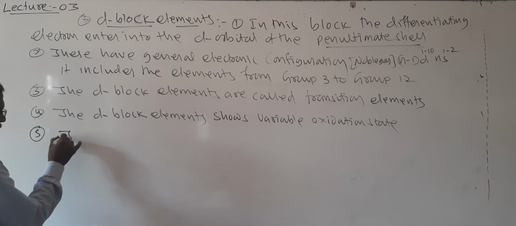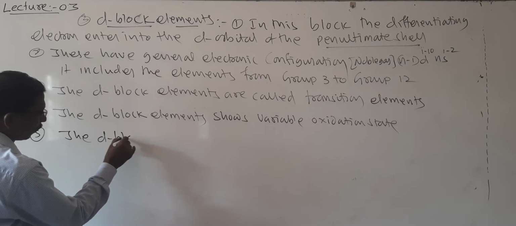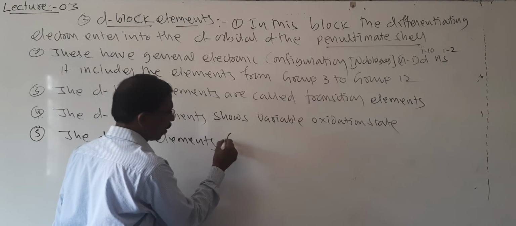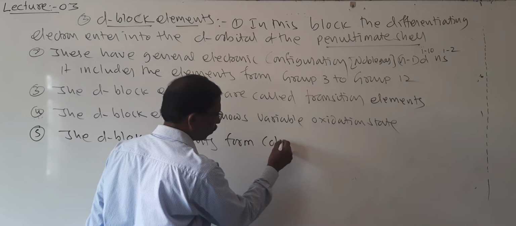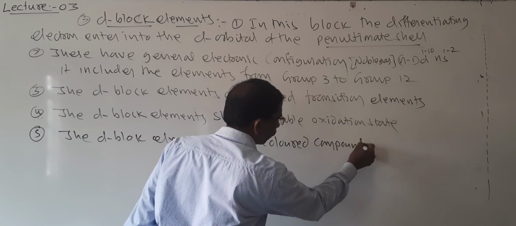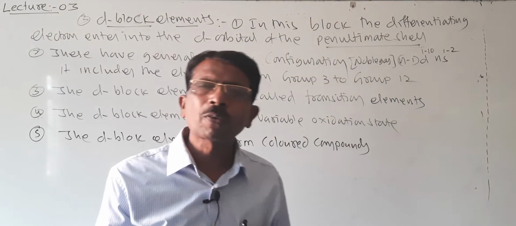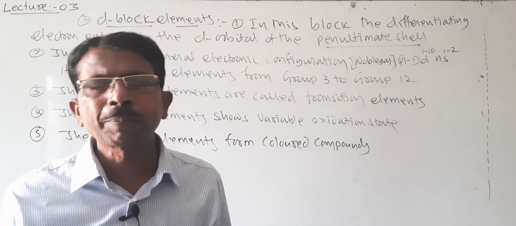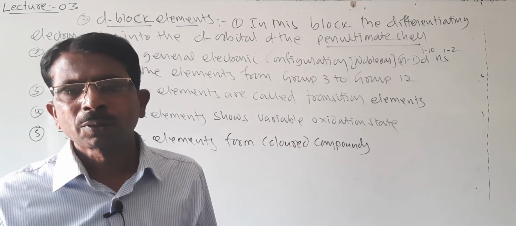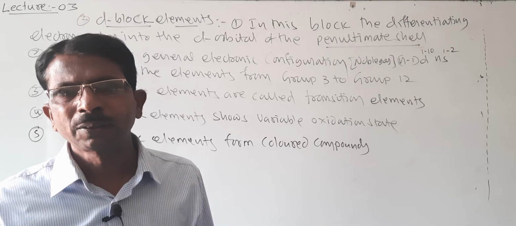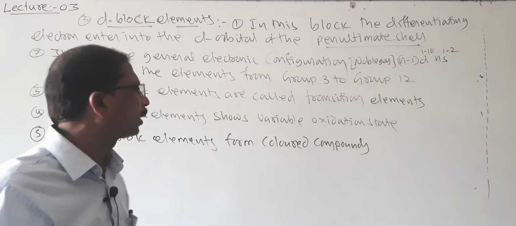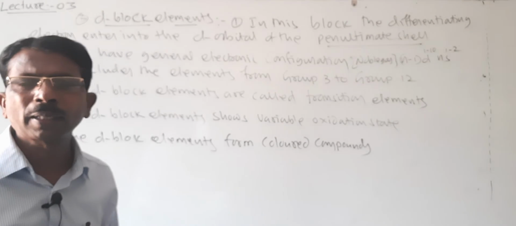Fifth one, the D block elements form colored compounds. For example, cuprammonium sulfate is blue in color, and then potassium ferrocyanide, potassium ferricyanide. So these all form colored complexes.